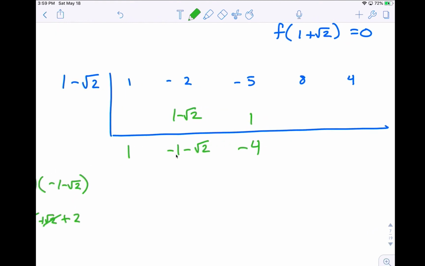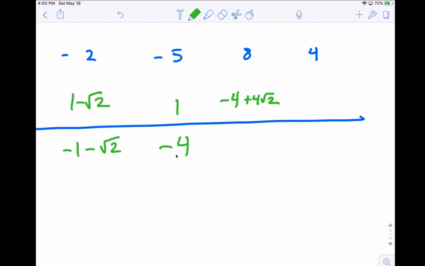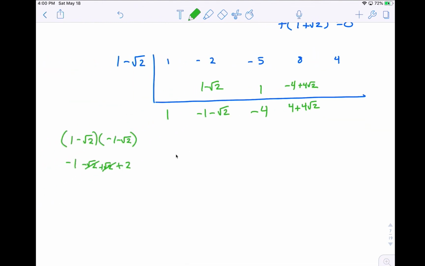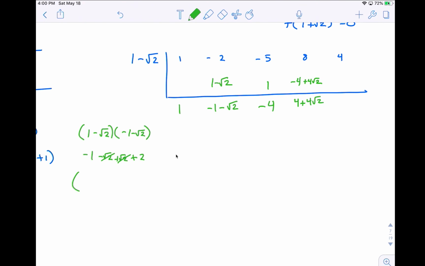And then negative 4 times 1 minus root 2 is negative 4 minus, oops, sorry, plus 4 root 2, which is then 4 plus 4 root 2. All right, so again, I'm going to need to multiply that out because I don't know what it is in my head.